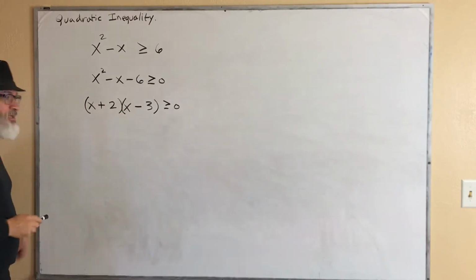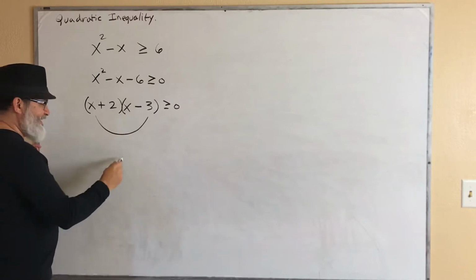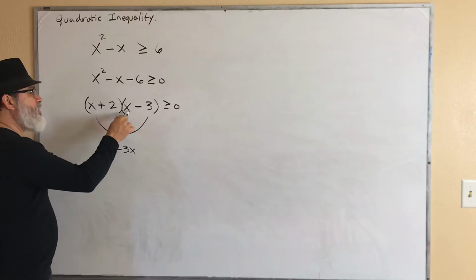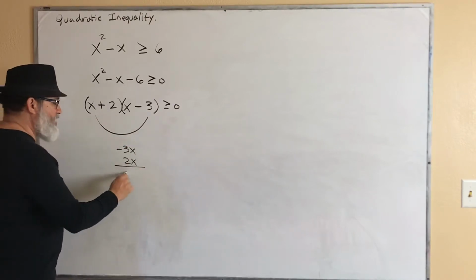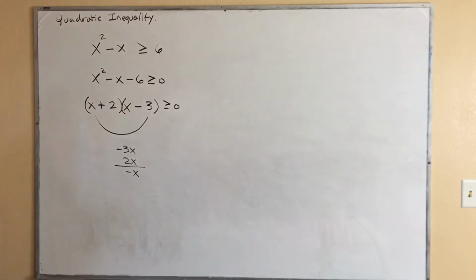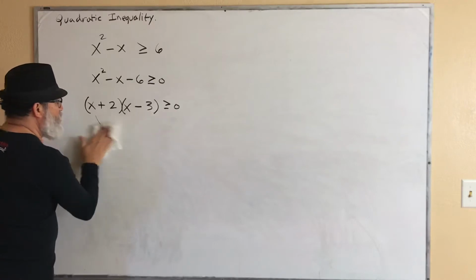The outer is negative 3x, the inner is positive 2x. Add them up, and you get negative x, so this works. So we have factored the quadratic side.